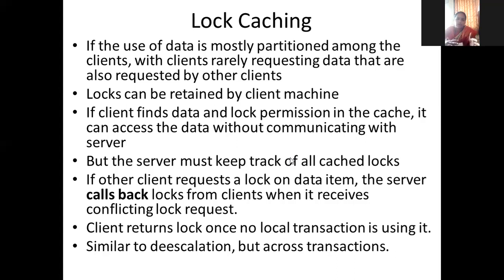I already talked about that. So before performing the transaction, even if that data is present in your cache, you can't use it directly. Why? Because other clients may also have updated that data. So the client must exchange a message with the server side to check whether that data is valid or not, and then you can acquire the lock.